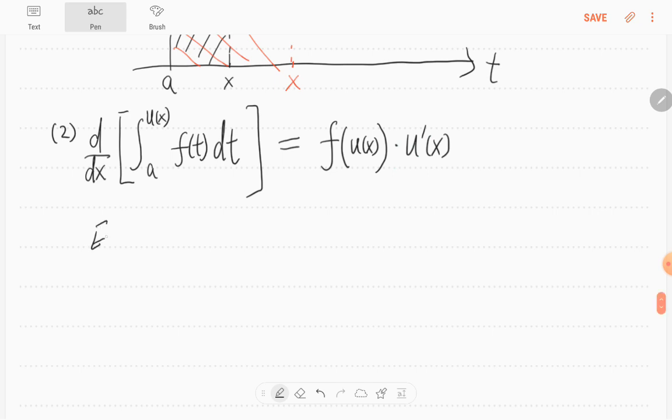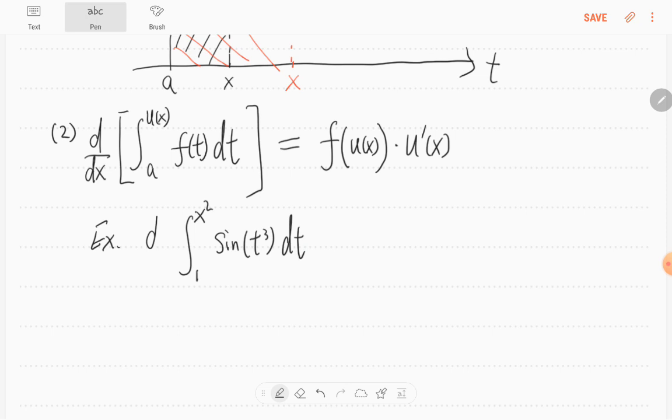For example, if you have the derivative of the integral from 1 to x squared of sine of t cubed, sorry, t cubed, so you see, we cannot write the same letter, t cubed dt.